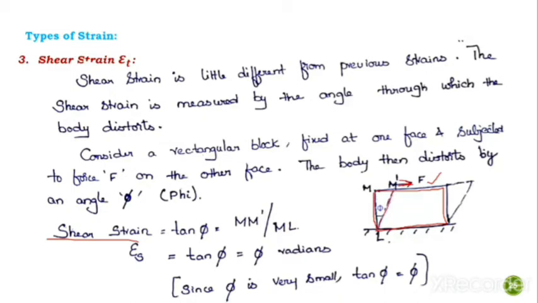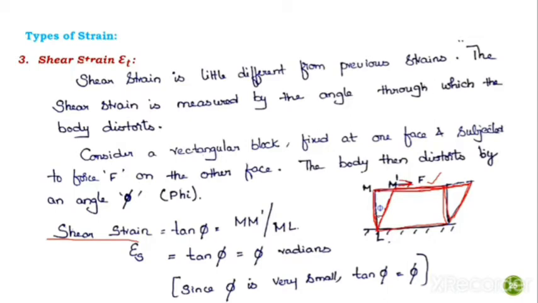So this is the new shape of that body. Because of that force, the body has taken this shape, isn't it? This is the original shape, and this is the final shape. So it has undergone strain for sure, right?